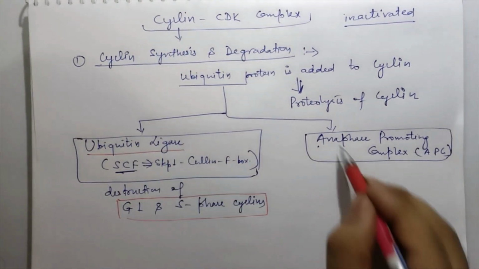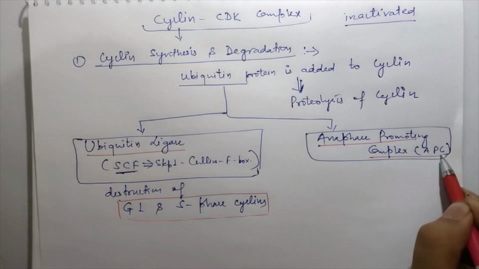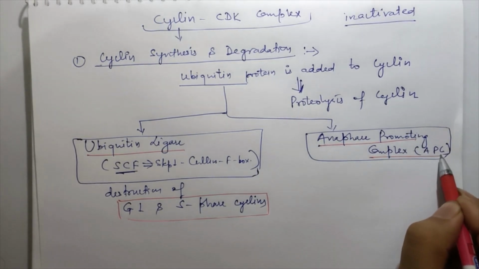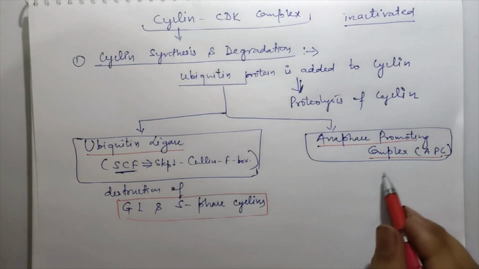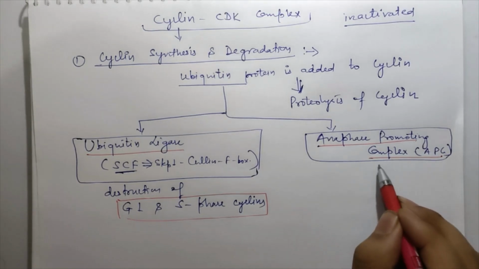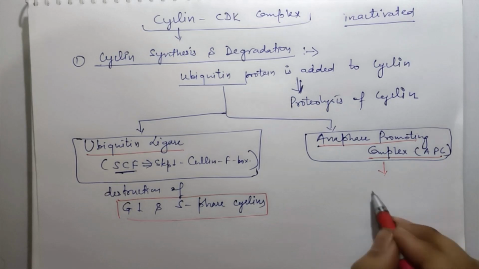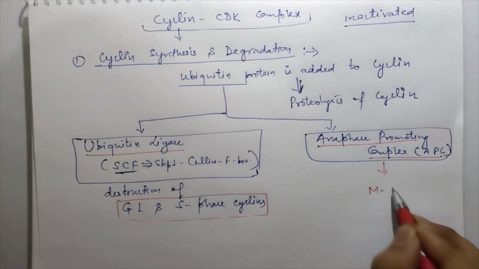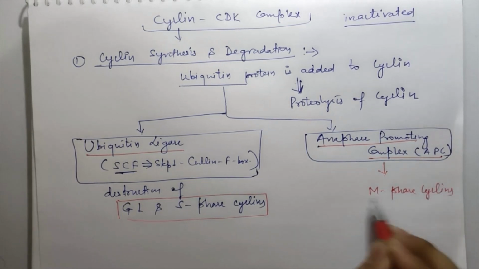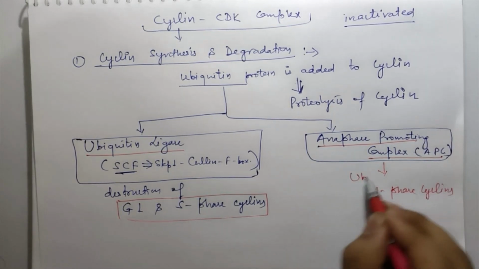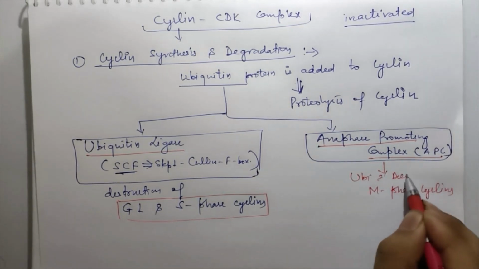The second one is APC, the anaphase promoting complex. It is responsible for ubiquitination and destruction of M phase cyclins.